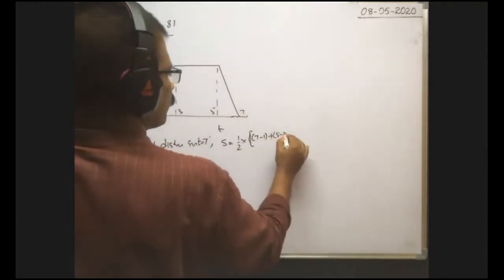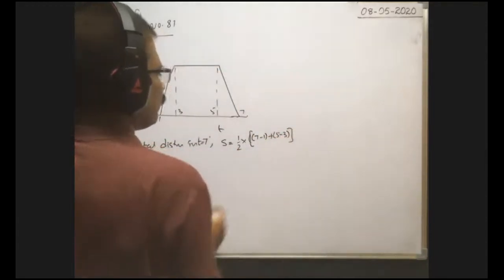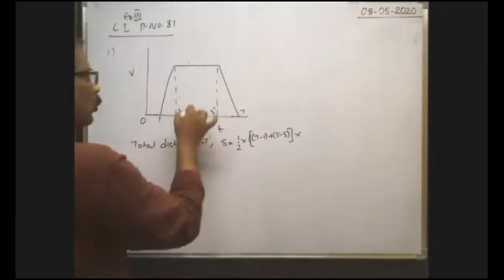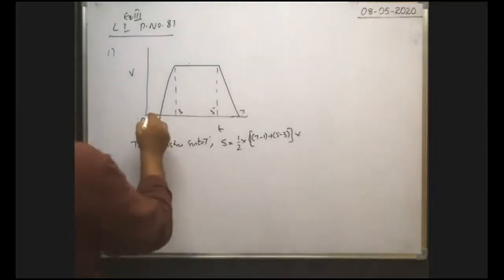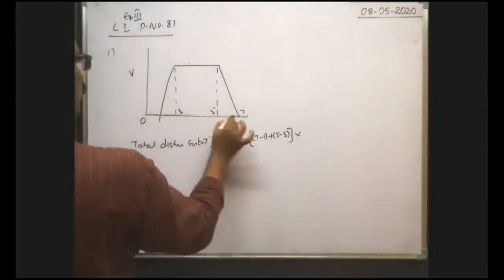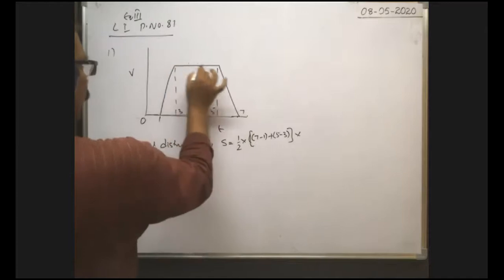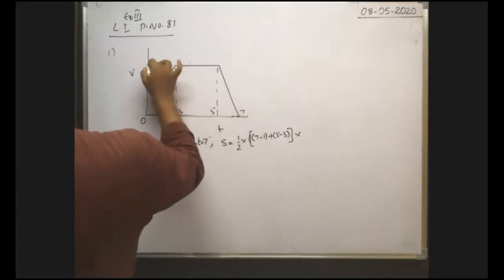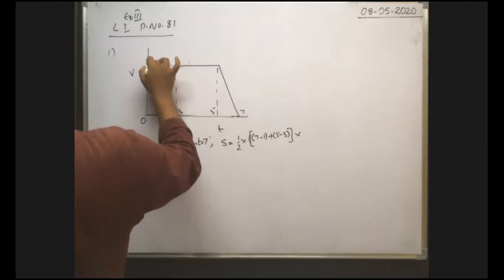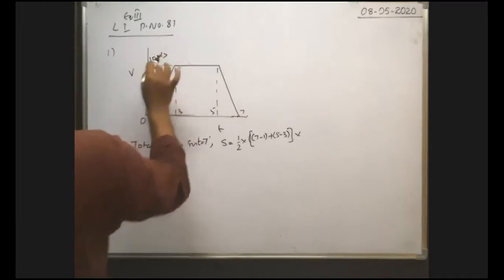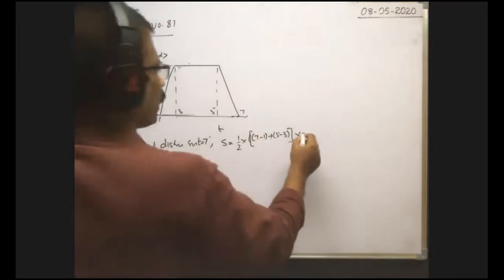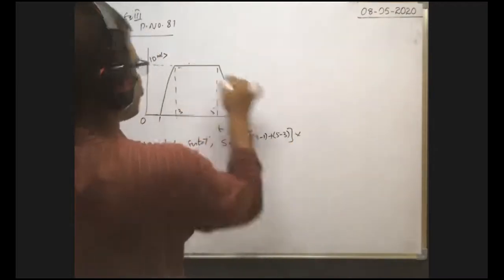The perpendicular distance between these two parallel sides is equal to this one. The value is given as 10 meter per second. So the perpendicular distance between the two parallel sides is equal to 10.